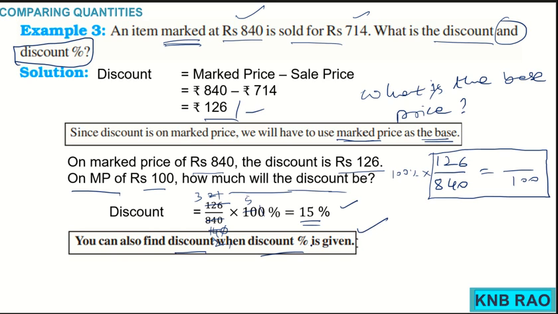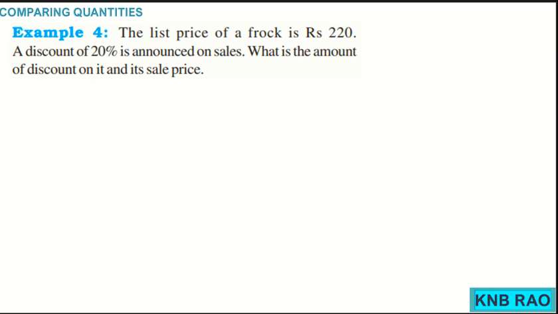We will solve a question on this. Here I am taking example number 4. In example number 4, the list price, that is the market price, of a frock is rupees 220 and a discount of 20% is announced on sale.